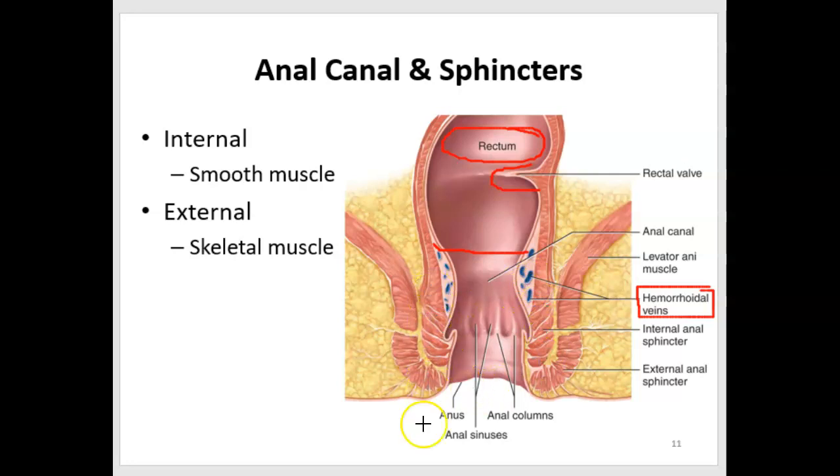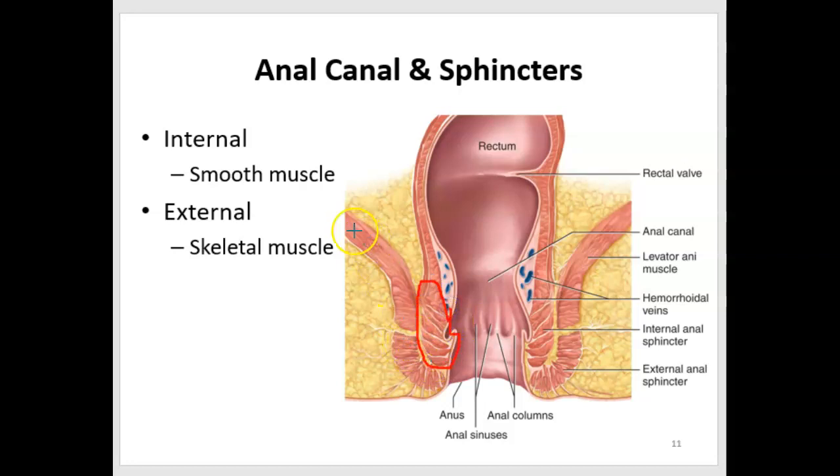But if you look at the muscularis externa, it's actually adapted. There's these two layers, the internal layer and the external layer, that form sphincter muscles surrounding the entire opening, the anus, of the large intestine. And so the internal sphincter is composed of smooth muscle.